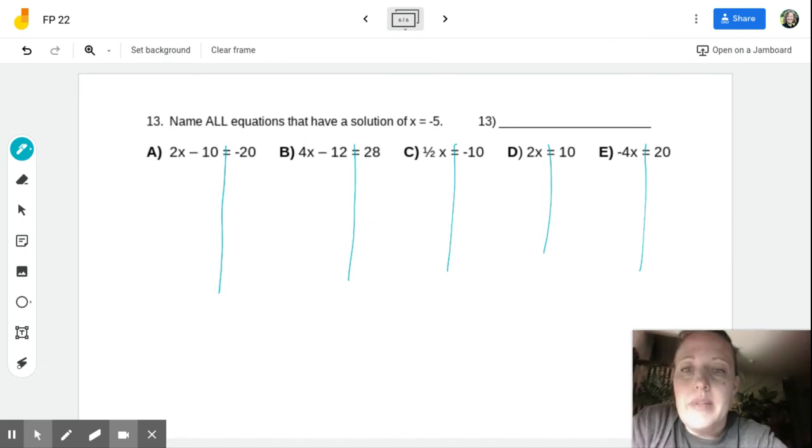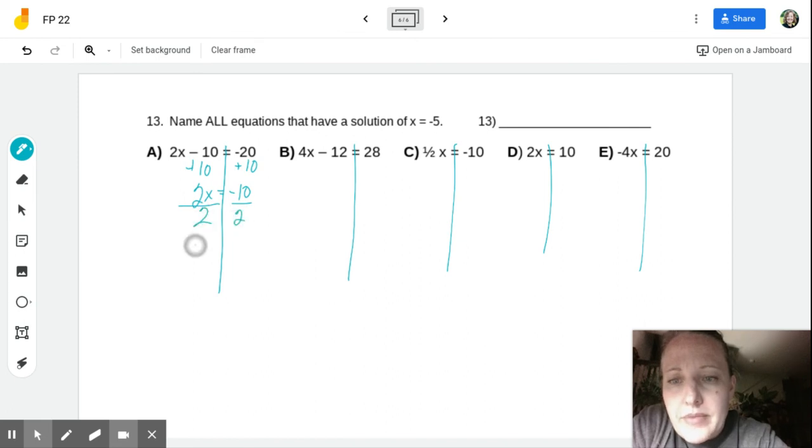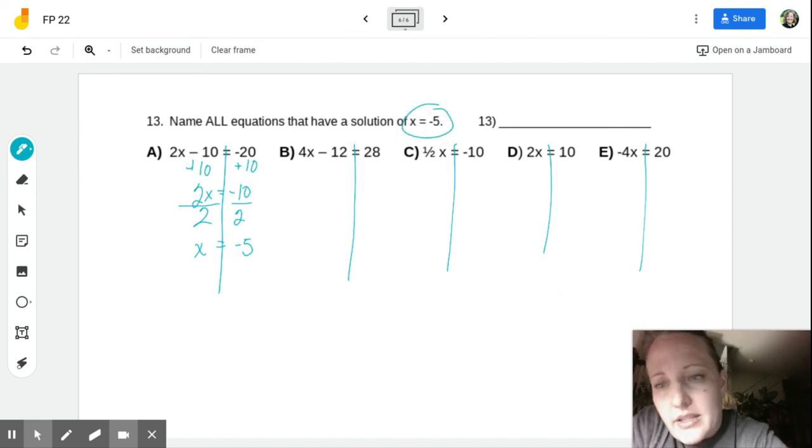So I'm going to start by just solving them. I'm going to add 10, and I get 2x is equal to -20 plus 10, which is -10. Divide both sides by 2. X is equal to -5. Is that a solution? Yes.